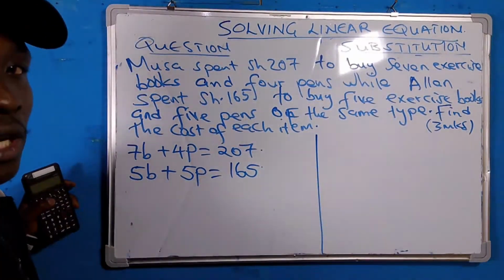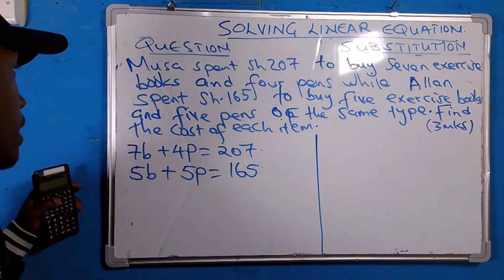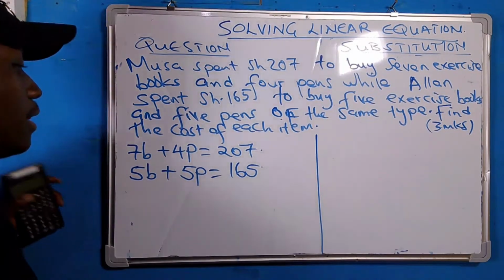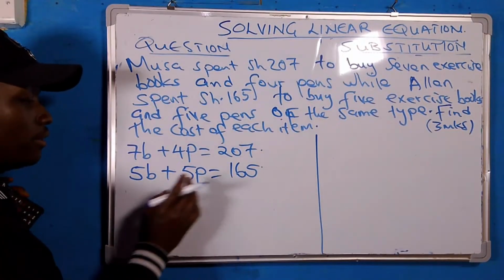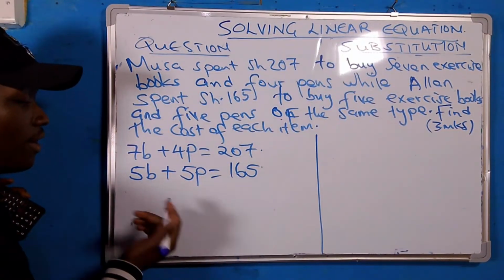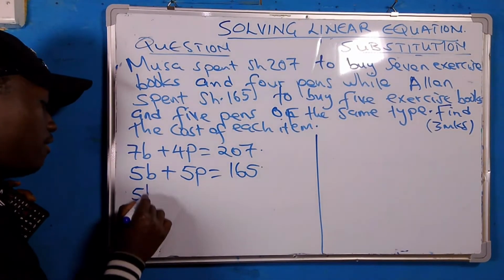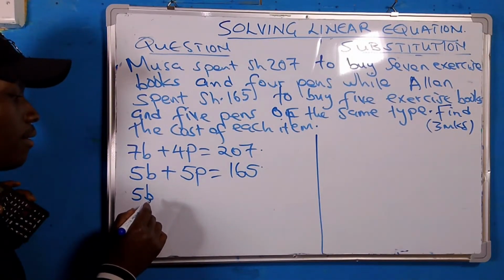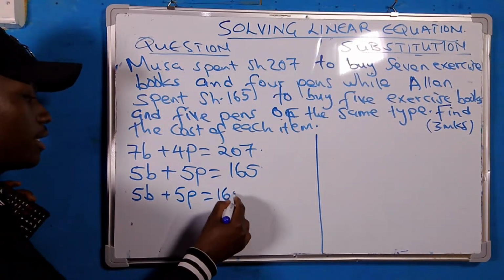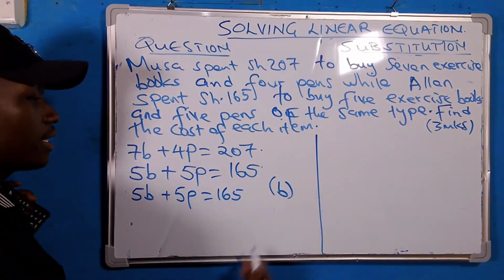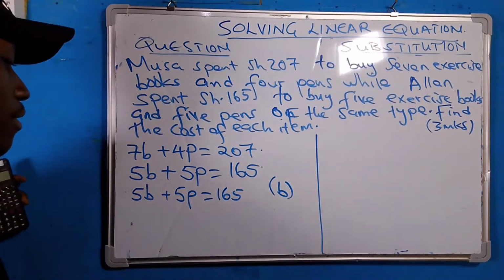So we will choose our main equation, which is the easiest one. And I think we can use the second one because at least all these numbers are divisible by 5. So we can choose 5b plus 5p is equal to 165. And in this case, let us make b the subject of the formula.